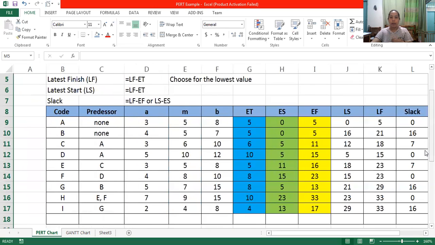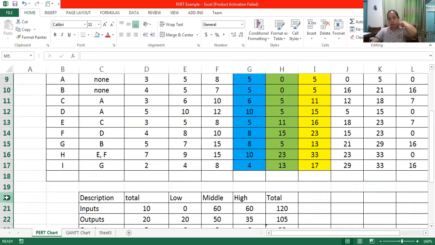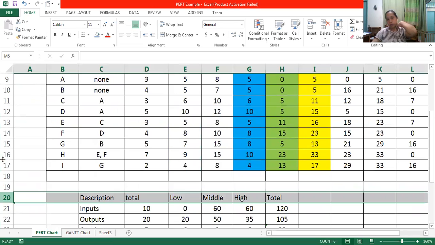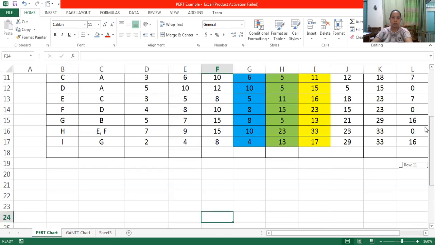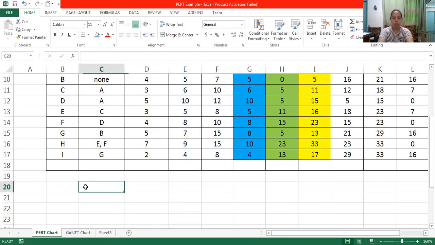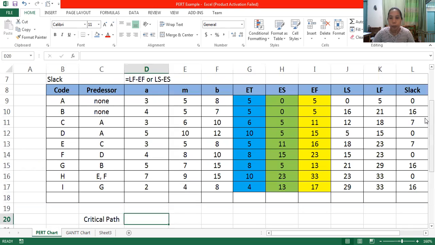Our critical path here: which activities have 0 slack?